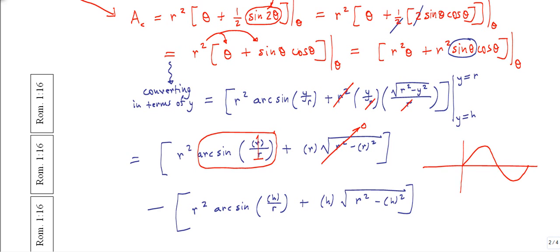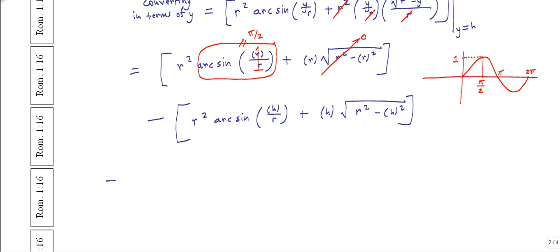Okay, so here is 2 pi, here is pi, here is where sine is 1, and so that corresponds to an angle of pi over 2. So all of this is pi over 2. Okay, so we're getting close, right? So we can say that this is equal to r squared times pi over 2.